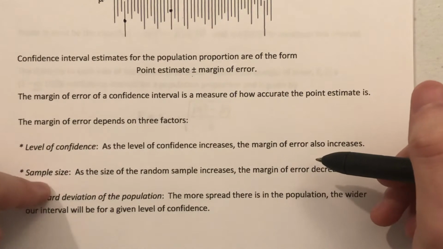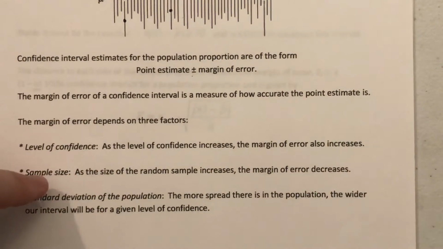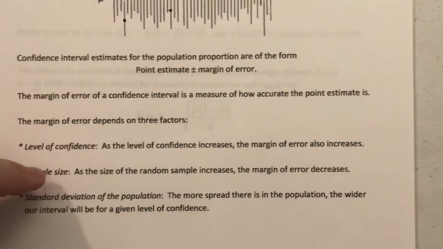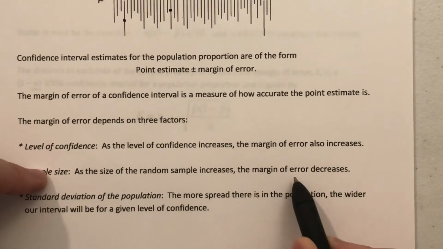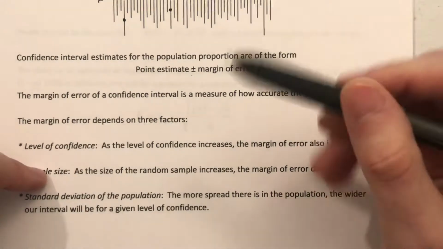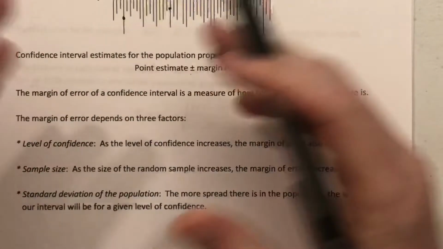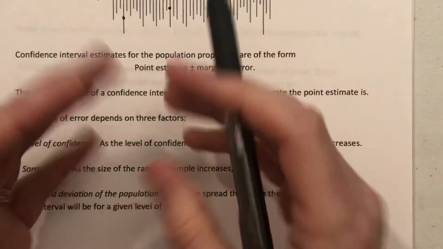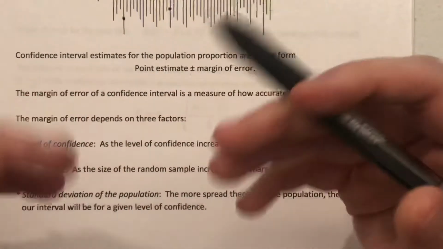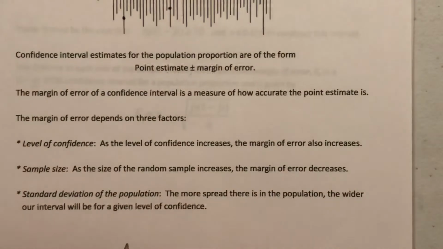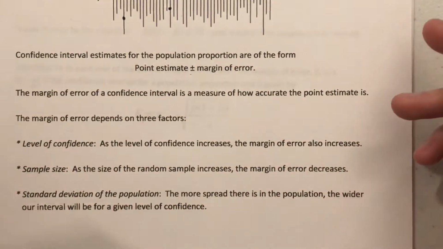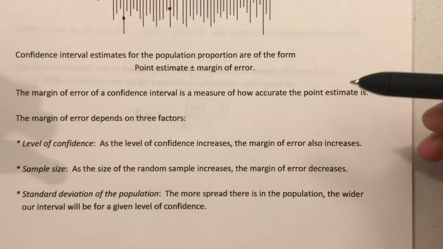Now, back to the idea of sample size. The more people you sample, or the more data values in your sample, so the more your sample size increases, your margin of error actually decreases. Like we said earlier, with the poll of 1,700 people versus 17 people, the more information you take in, the more accurate you expect that one number to be, whether it's the sample proportion or sample mean, whatever the sample value is.